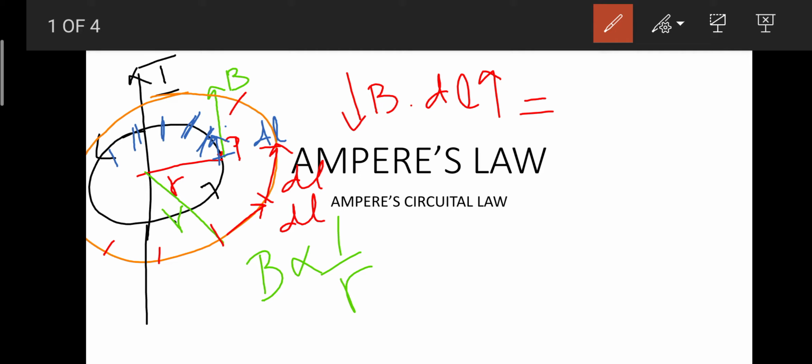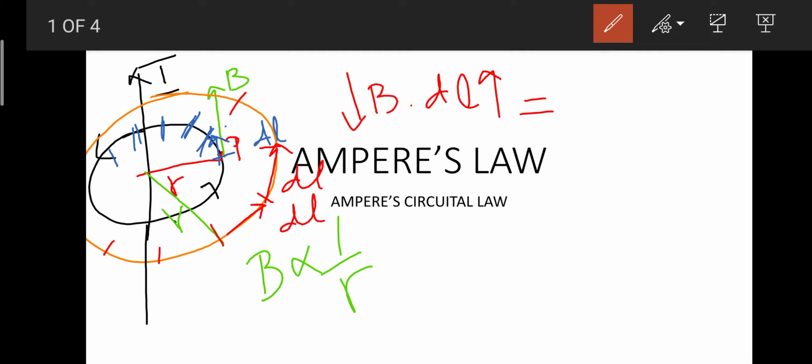Suppose again the length element has been increased and its value is taken as 5, and overall the divisions are again 100. So the overall length would become 500 for 100 length elements. Now the magnetic field has decreased. Earlier I had taken its value to be 10, so suppose now its value is 2.